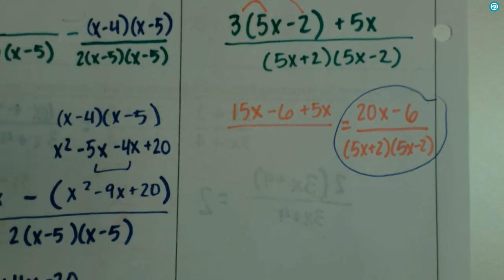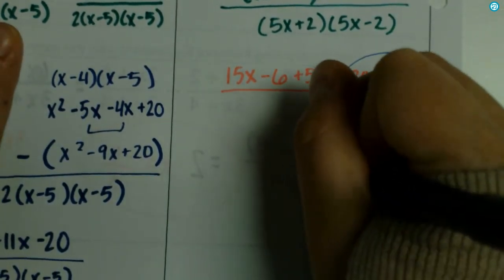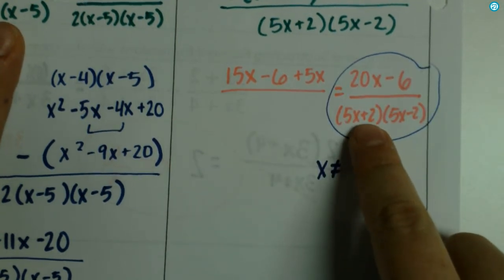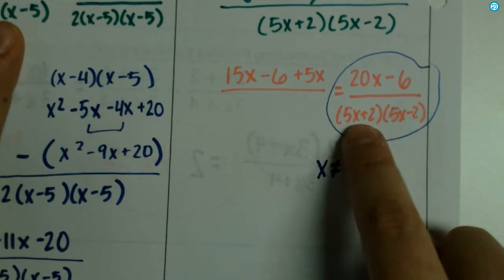All right, so for this one, x cannot equal. If we were to set these equal to 0 and solve, it would be negative 2/5 and positive 2/5.